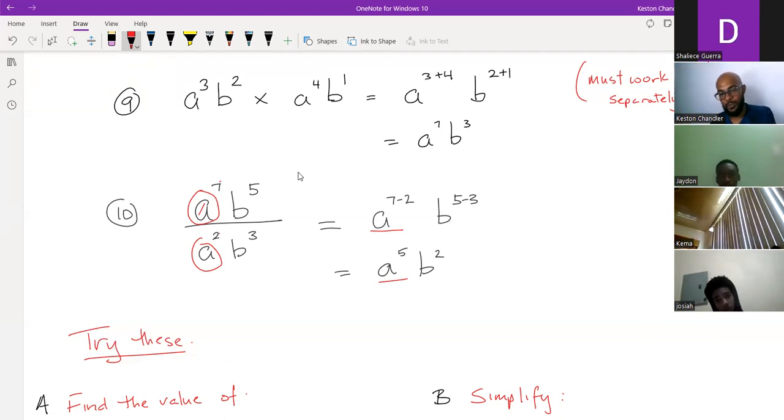So I was taking the bottom power from the one on top. So that's why I have 3 from 5, and that's going to give me 2. So my answer here is going to be a to the power of 5, b to the power of 2. So you're working it separately, but you're writing them together. It only looks complicated, but you're actually doing each piece one part at a time.